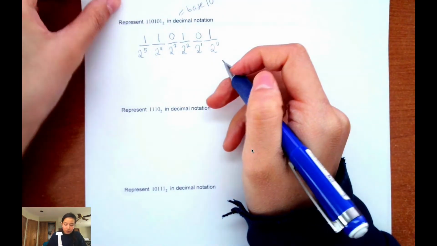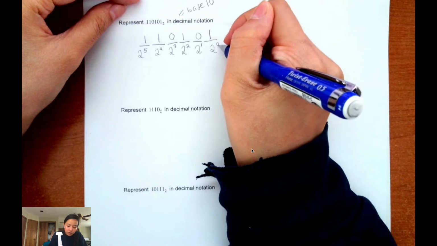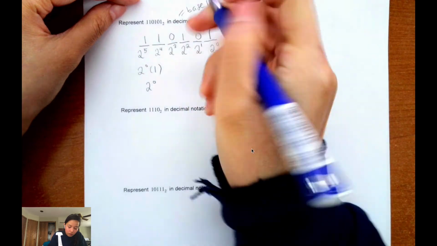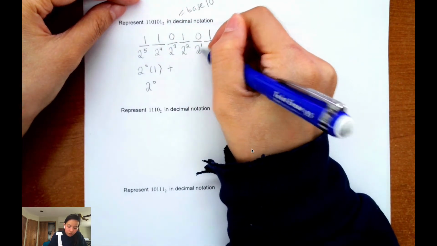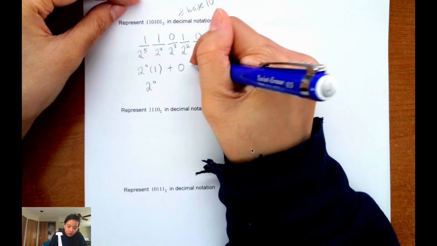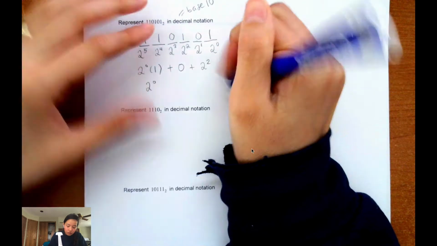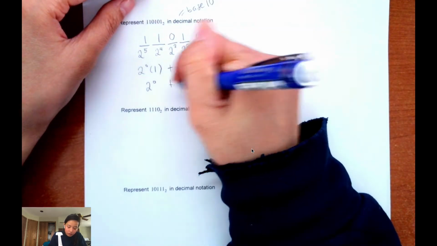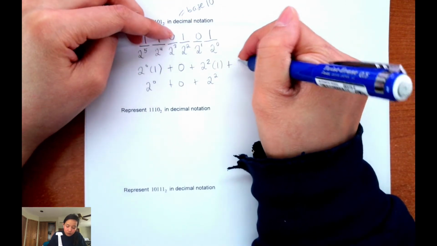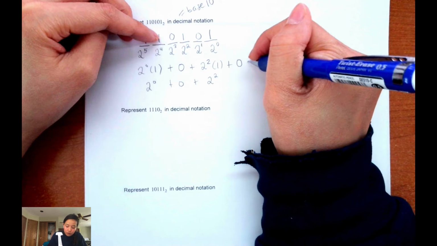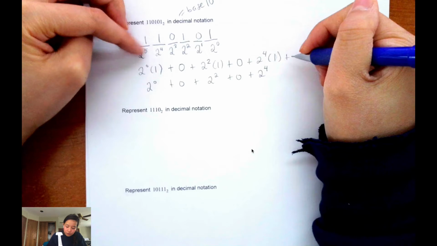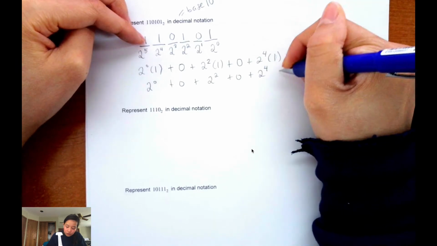So now all I have to do is multiply 2 to 0 by 1. So 2 to 0 times 1 is 2 to 0. And then add that with 2 to the first times 0, which is 0, plus 2 to the second times 1, which is 2 to the second, plus 2 to the third times 0, which is 0, plus 2 to the fourth times 1, which is 2 to the fourth, and then plus 2 to the fifth times 1, which is 2 to the fifth.